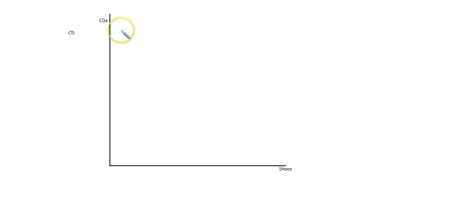Now, if I were to draw an indifference curve, I would draw something that looks like this. It's a little smoother, but you get the basic idea. Any combination of goods that falls along this indifference curve is going to give me the same amount of total utility.